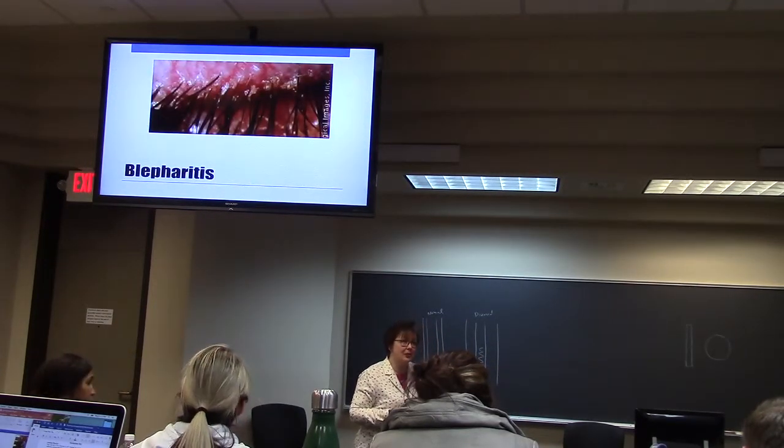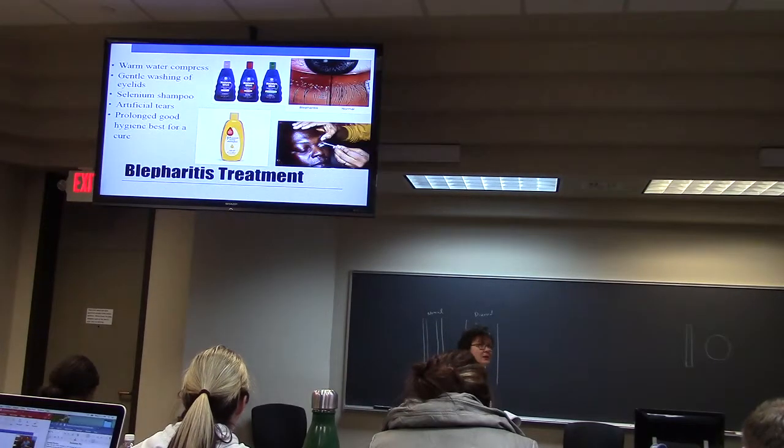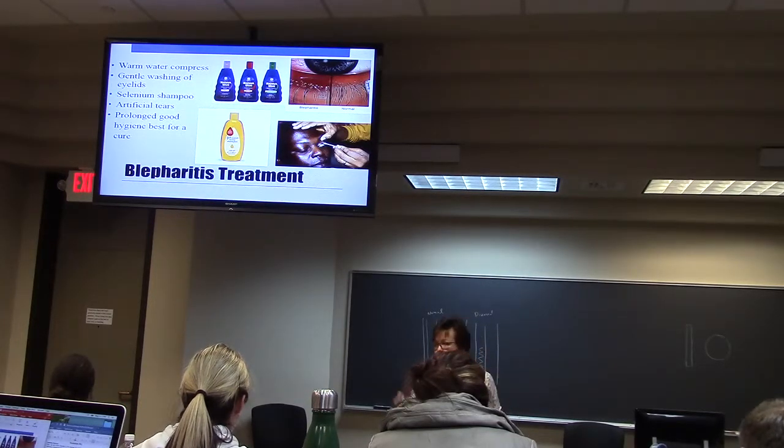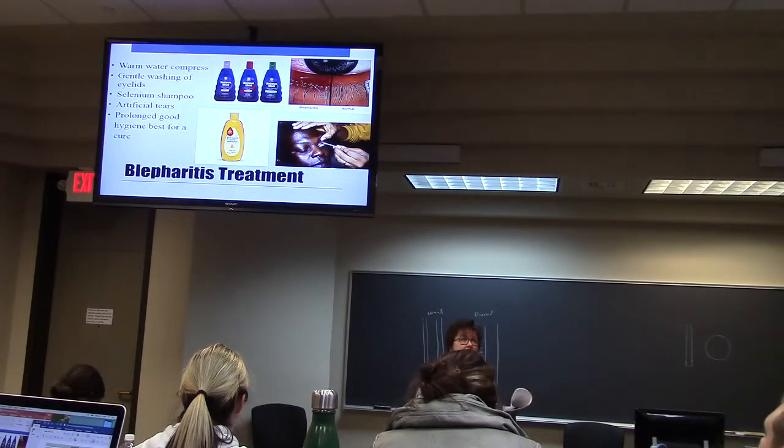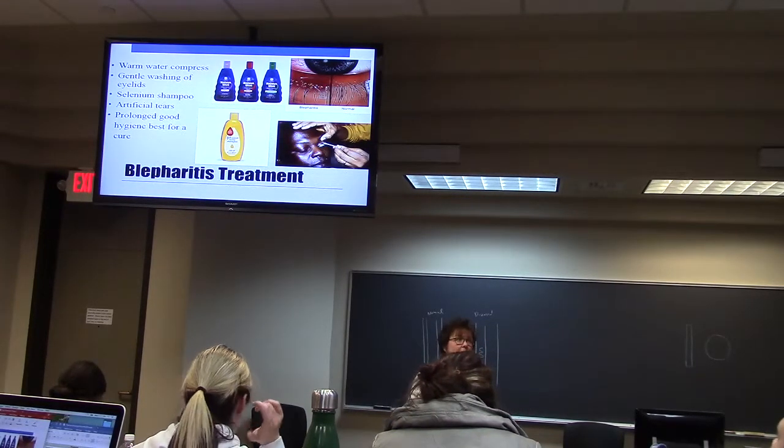Okay, let's talk about blepharitis then. Our goals are getting rid of the infection and good lid hygiene, since it's a recurring problem, and trying to keep it from coming back. The staph aren't so much the problem, it's the lipases that they produce that irritate the eye. So here again, we've got warm compresses.